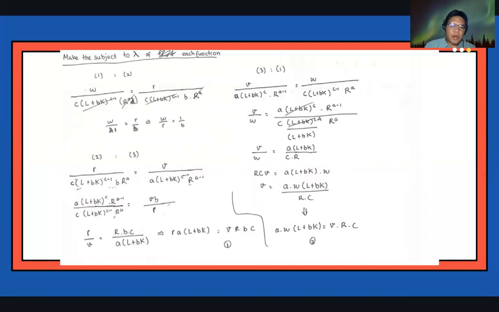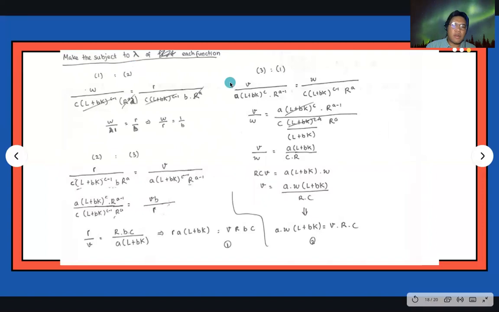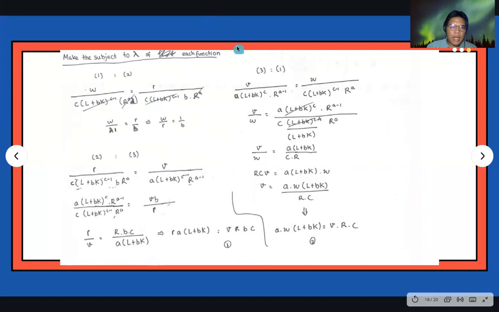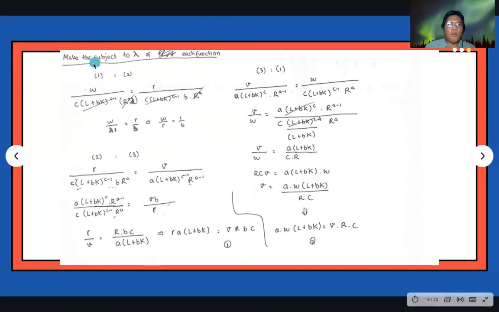After you find the equations, you make lambda the subject of each equation. After that, you compare the functions, first function 1 and function 2, because lambda is the same in the constraint function and in the Kuhn-Tucker condition.